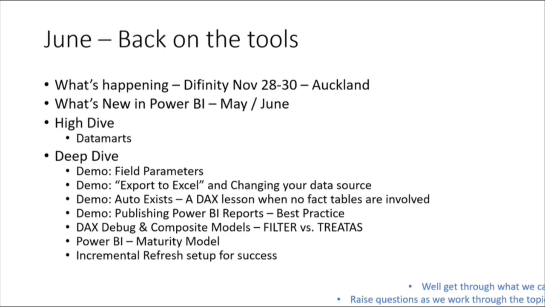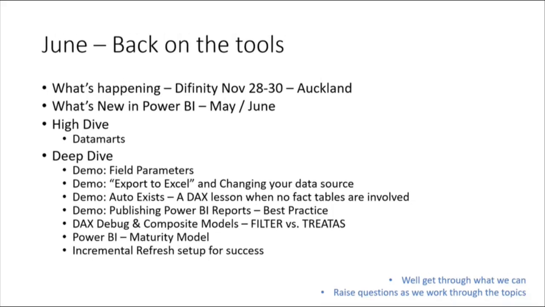Show you some of my best practice Power BI report publishing steps, and composite models, so trying to debug some performance issues in one of those, Power BI maturity models, and incremental refresh. So a whole lot to get through, and we'll just see how we actually go.